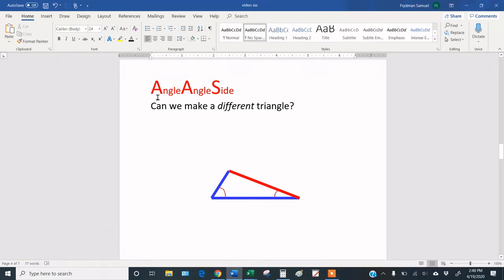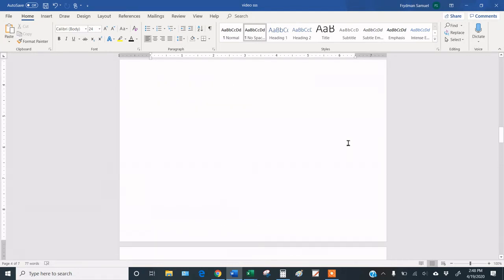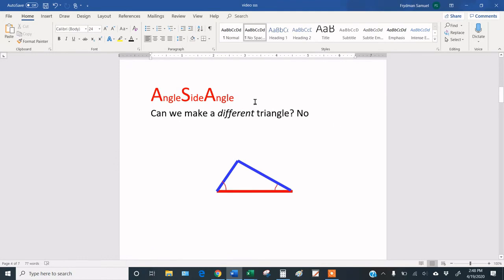AAS stands for angle, angle, side. So this angle is locked, this angle is locked, and this side is locked. Now be careful. AAS is not the same thing as this one, ASA.